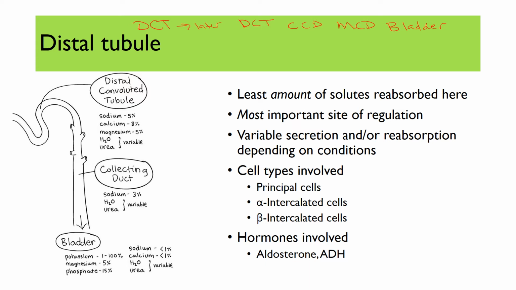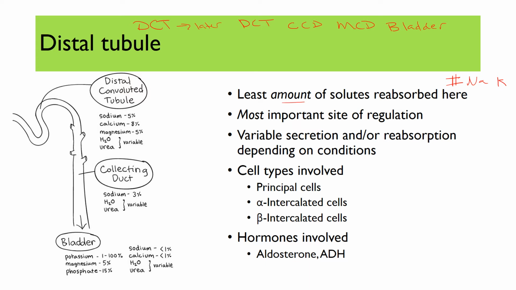When it comes to the distal tubule, these are the important high yield notes to keep in mind. The least amount of solutes are reabsorbed here. And by amount, I mean essentially the molecules or the number of actual solutes. So the number of, say, sodium or the number of potassium ions that are reabsorbed take place here. Where are they most reabsorbed?